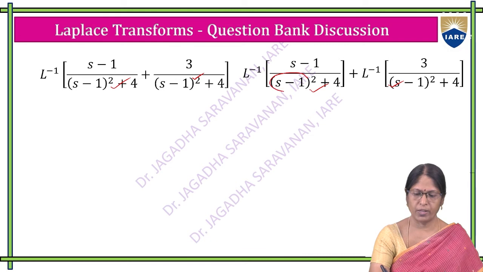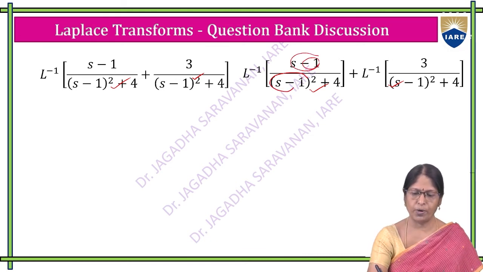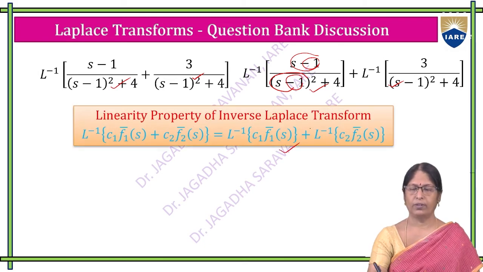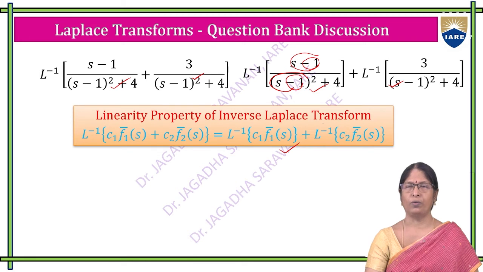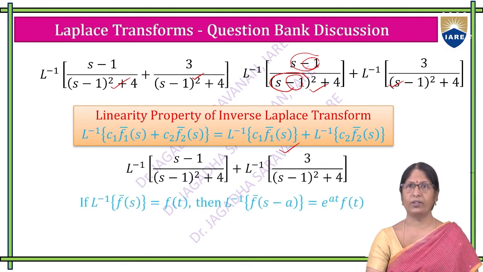Now here s minus 1, here also s minus 1. This is the property we just mentioned, the linearity property, with the help of which L inverse of the first term and L inverse of the second term are written. We can see it here.